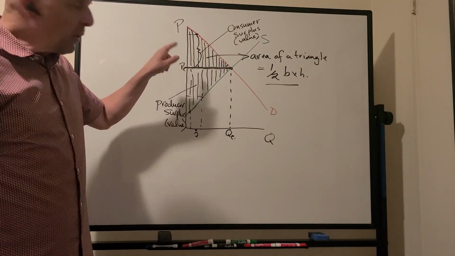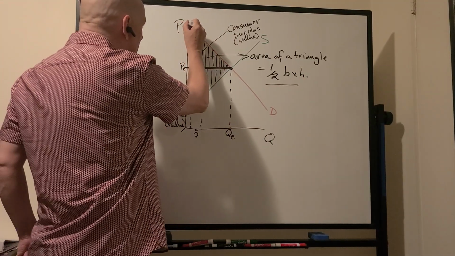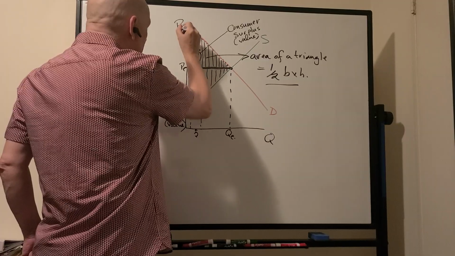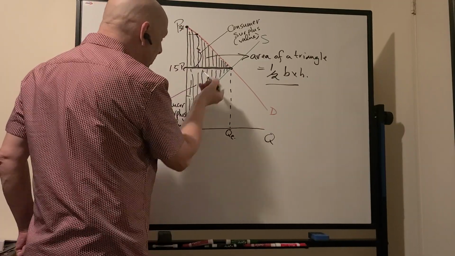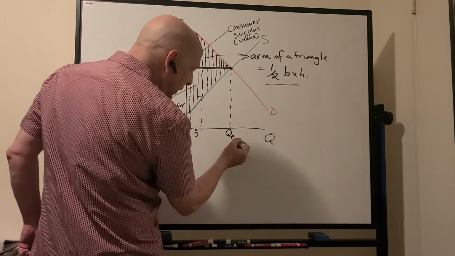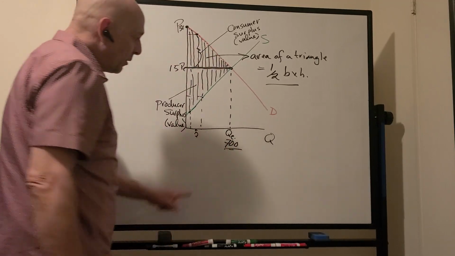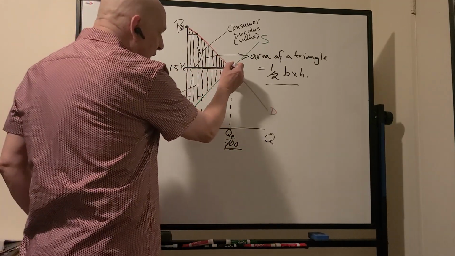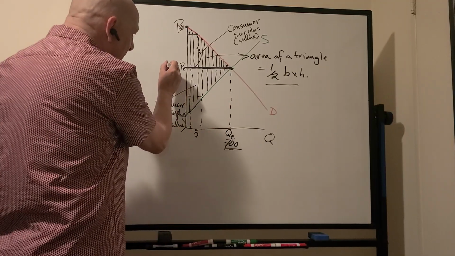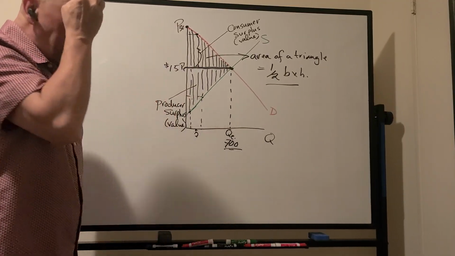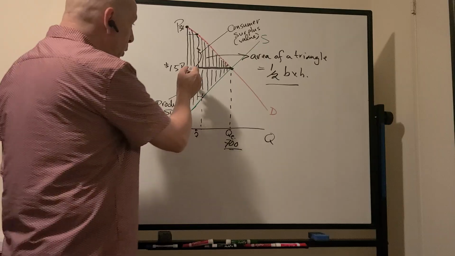So if we actually had prices marked in here, like let's say this is $30, this is $15, and quantity is 700, 700 is our equilibrium quantity, $15 is our equilibrium price. Well, we have the basis for calculating this.